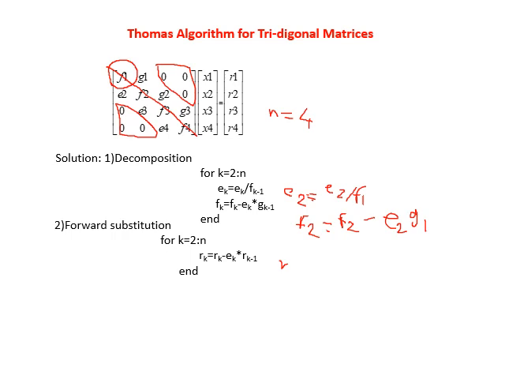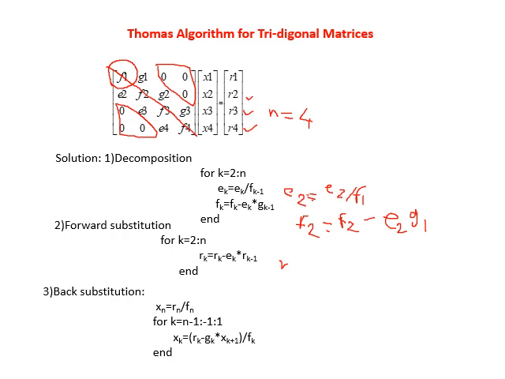Similarly, r3 is equal to r3 minus e3 into r2. Similarly, when k is equal to 4, we can write r4 equal to r4 minus e4 into r3. So these 3 elements we are going to change in the forward substitution on the constant side.